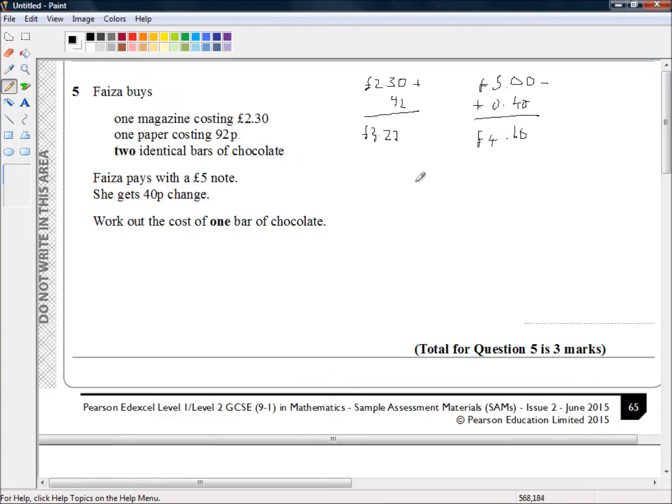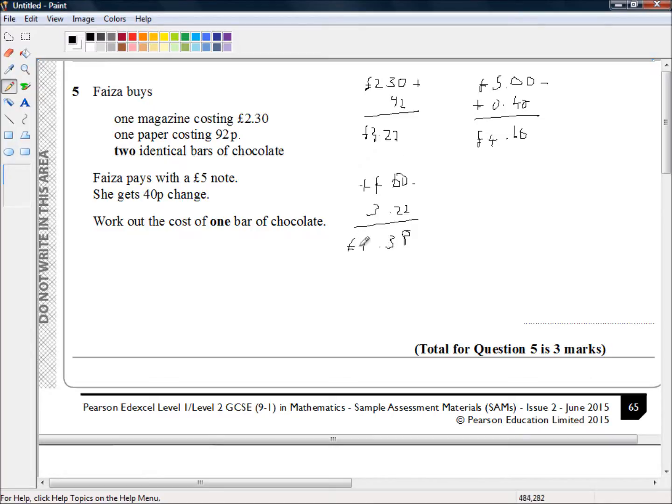Okay, so now if we subtract the £3.22 from the £4.60, I think we've done enough to know how to do this in a calculator, so that's going to be £1.38.